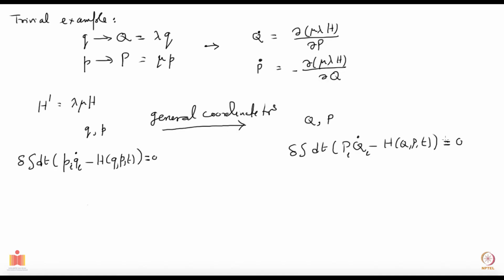Okay, now if this is the case, then certainly those transformations from small q, small p to capital Q, capital P, those transformations that are related in the following manner will give you the equations of motion in the canonical form.